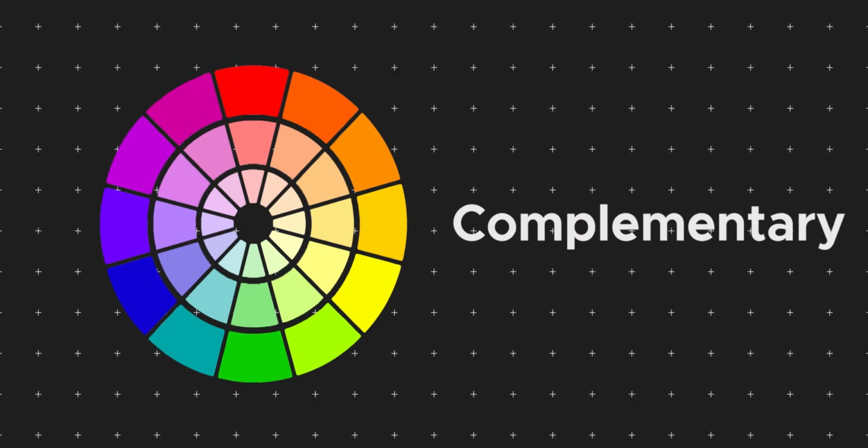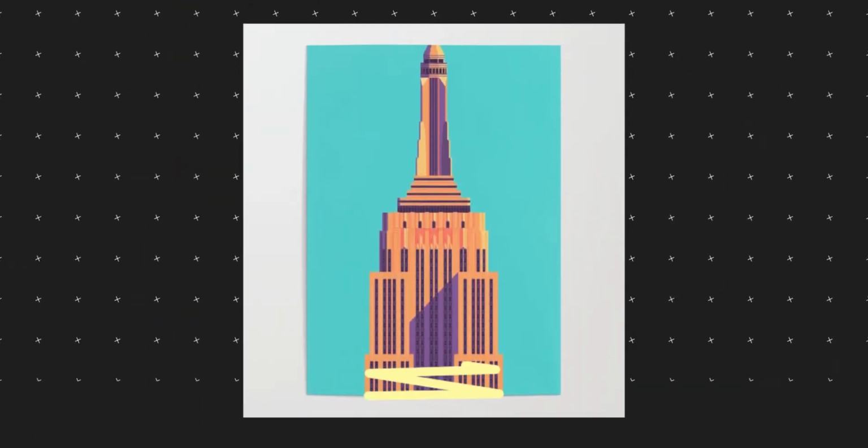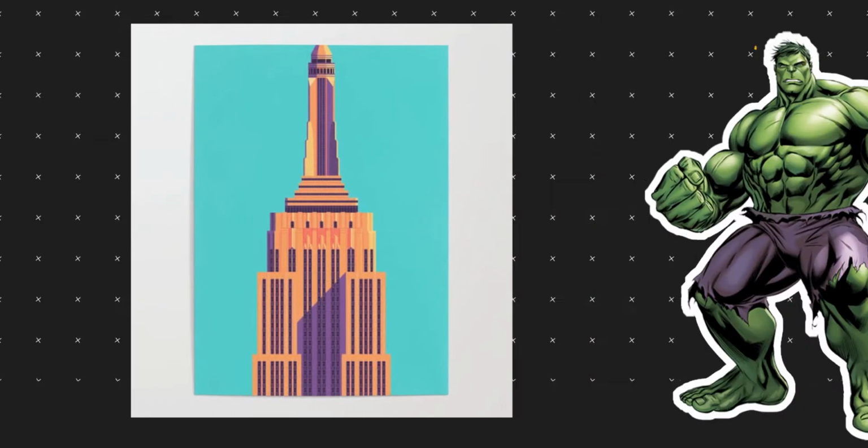This scheme consists of 2 very different colors that contrast with each other. Complementary colors can be found on the color wheel by choosing one color and a color directly across from it. For example, amber and cyan, or maybe green and purple.